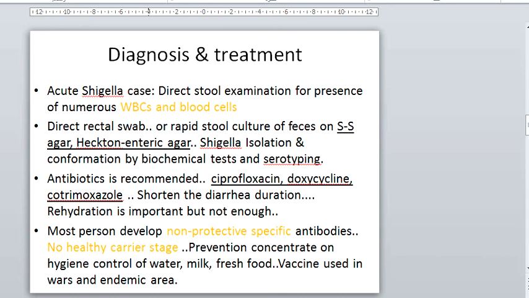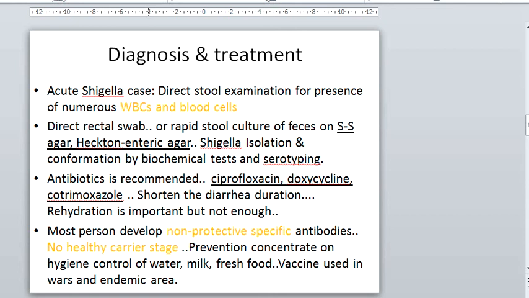Acute diagnosis of Shigella includes direct stool examination for the presence of blood cells, white and red blood cells, direct rectal swab or rapid stool culture of feces on special media including Salmonella Shigella agar and Hektoen enteric agar.